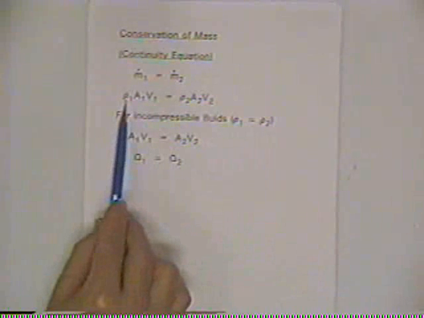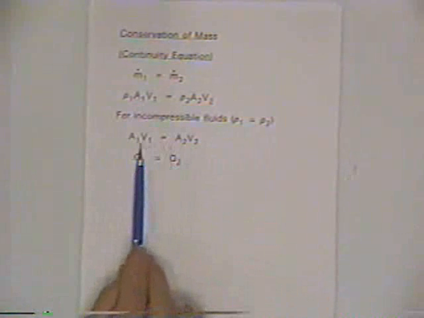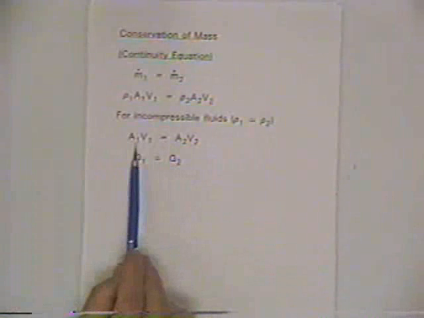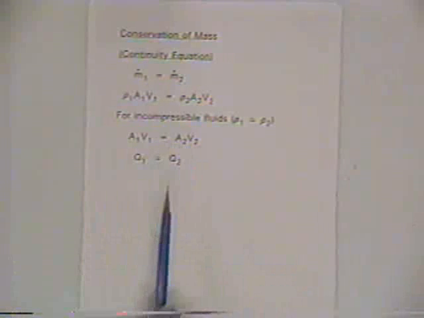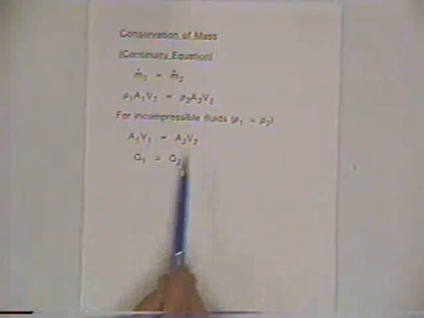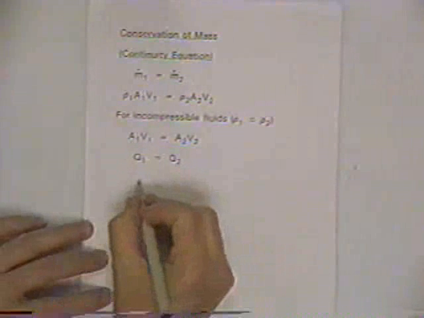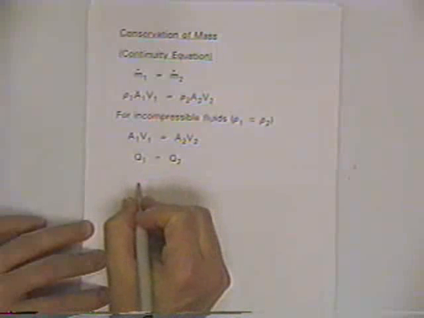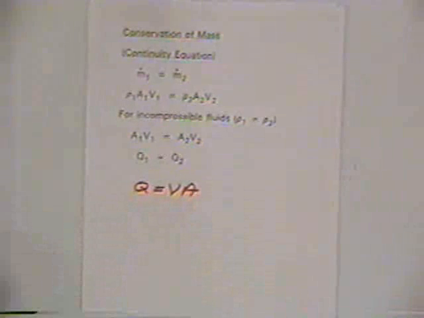And so with rho 1 and rho 2 being the same, we can divide those out, and write the equation as the cross-sectional area of flow times mean velocity coming into the control volume is equal to the same thing going out. Of course, this is a volumetric flow rate coming in and a volumetric flow rate going out. Another equation that we often associate with conservation of mass is the continuity equation: discharge is velocity times area, relating the two terms there.